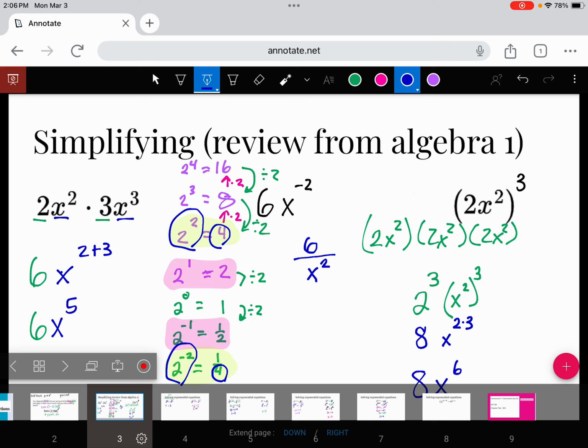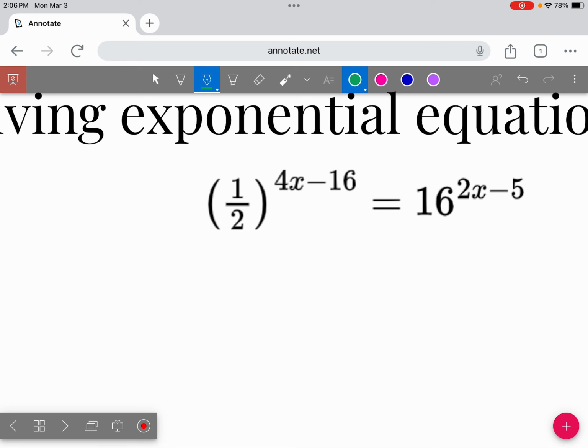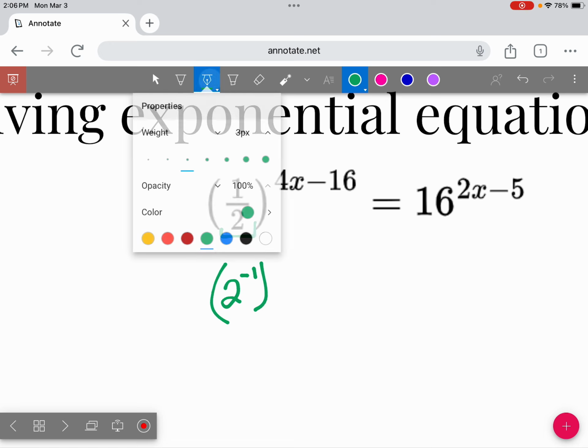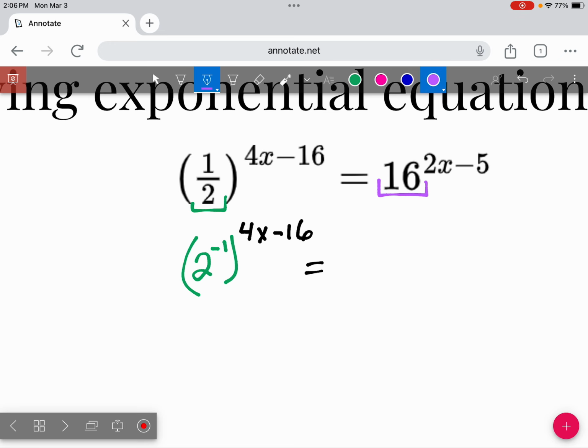So we could put these both in terms of 2s. Because 1/2 is 2 to the minus 1. So we're going to have 2 to the minus 1 to our 4x minus 16. And our 16, that was 2 to the 4th.